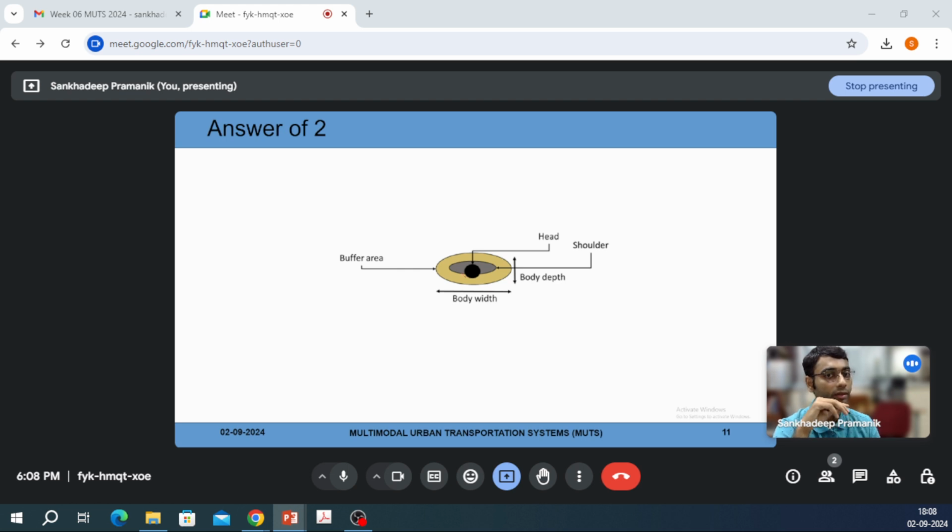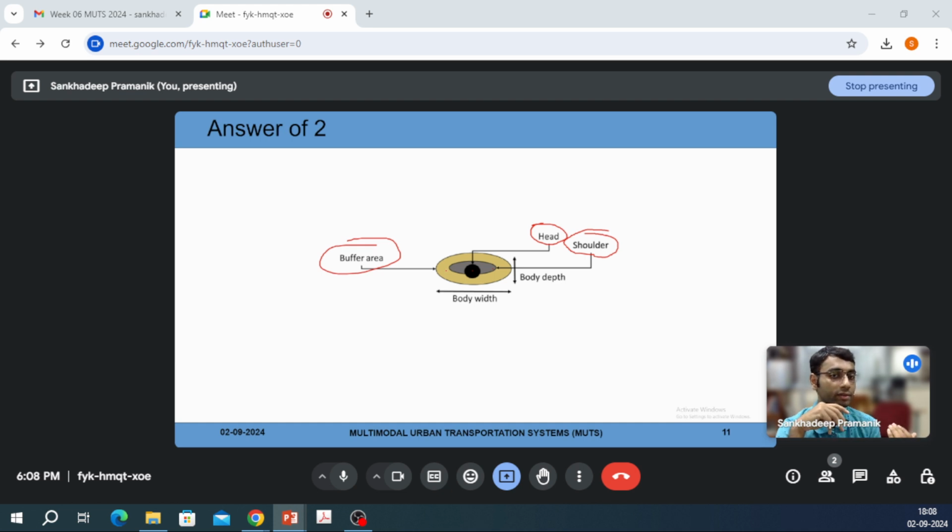It is basically the top view, and from the top, if you consider a pedestrian, this is the head portion, then this is the shoulder portion, and this is the buffer area, which is for the comfort of the pedestrian.